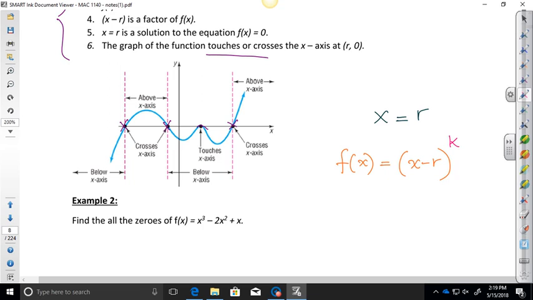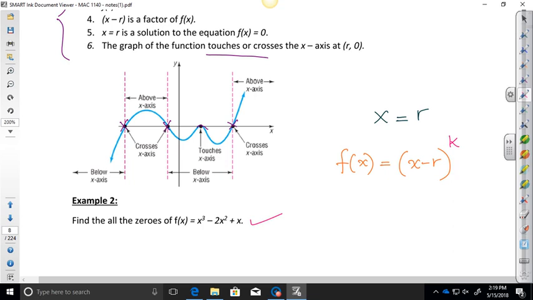If that multiplicity is even, the graph touches and turns back. If that multiplicity is odd, the graph crosses. So how would you determine without graphing? You factor. This is not factored, so we are going to do that.